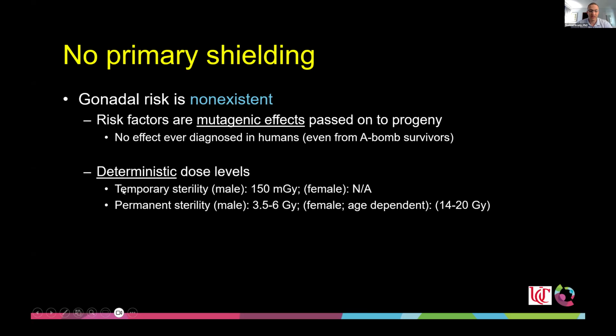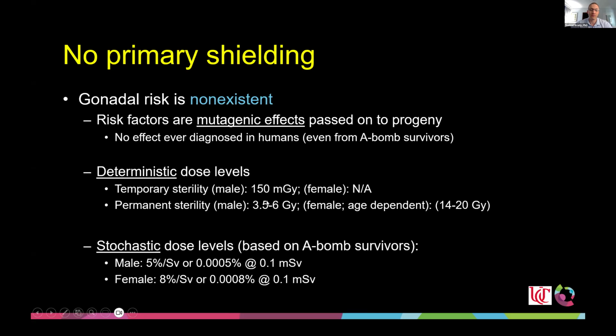Tissue effects or deterministic effects, such as sterility, these exposure values are so high we will never be able to achieve those in X-ray. To cause permanent sterility in men, you need 3 to 6 gray, and we're imaging at maybe 0.5 milligray. So we are so low compared to what would cause a tissue effect.